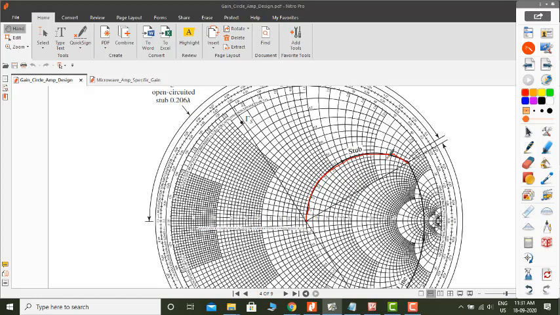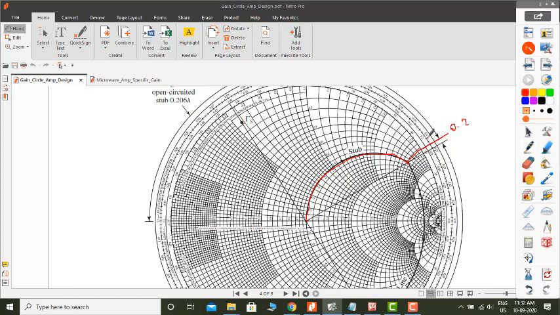Therefore, this will be in a reverse way. Now you read the reactance value at this point. You just extend the reactance circle. When you extend it, it goes like this.